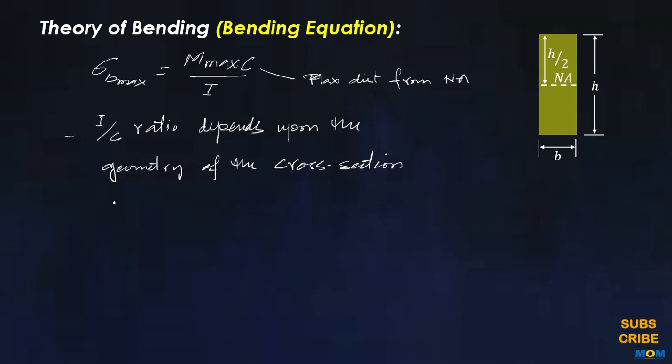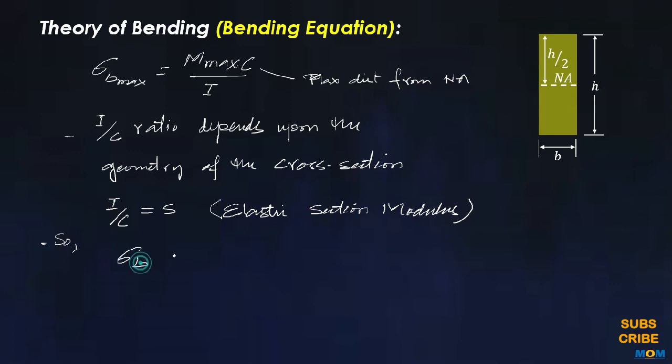So this ratio can be written as I upon C is equal to S, where S is the elastic section modulus. So above equation can be written as sigma B is equal to M upon S, where S is the section modulus.